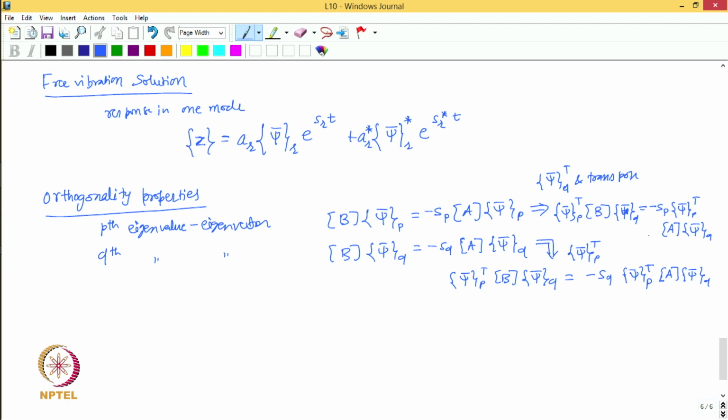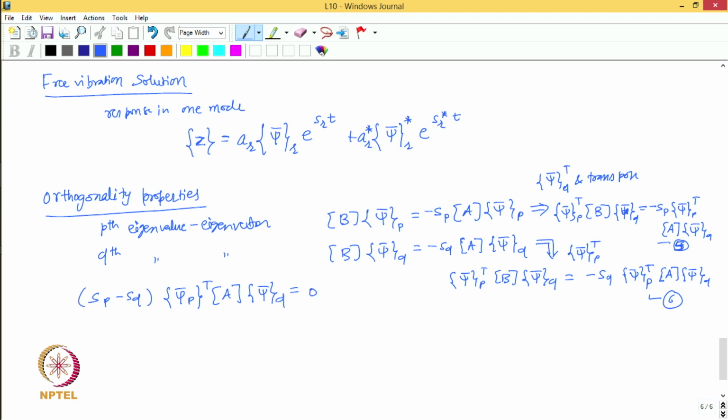Now let us call this equation 5, because 4 we already used earlier, and this as 6. If we subtract these two equations, what is the result? We get (S_p minus S_q) psi bar p transpose A psi bar q equal to 0, because the left hand sides of both these equations are identical.